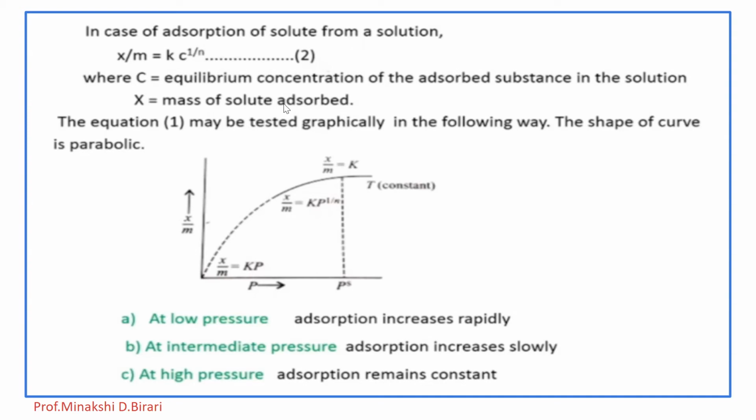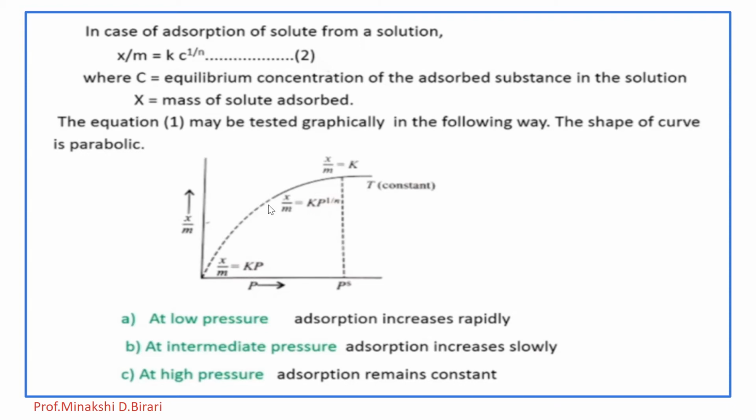This equation 1, that is x/m = k p^(1/n), may be tested graphically in the following way. The shape of the curve, when we observe, is parabolic. If x/m is plotted against pressure p, a smooth curve is obtained, which is shown in this figure. Here in the first part, the curve is linear because at very low pressure, x/m is directly proportional to pressure.